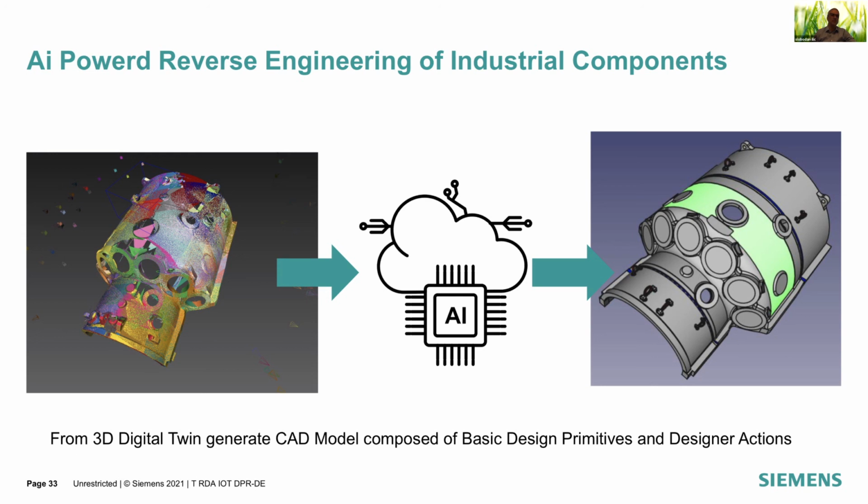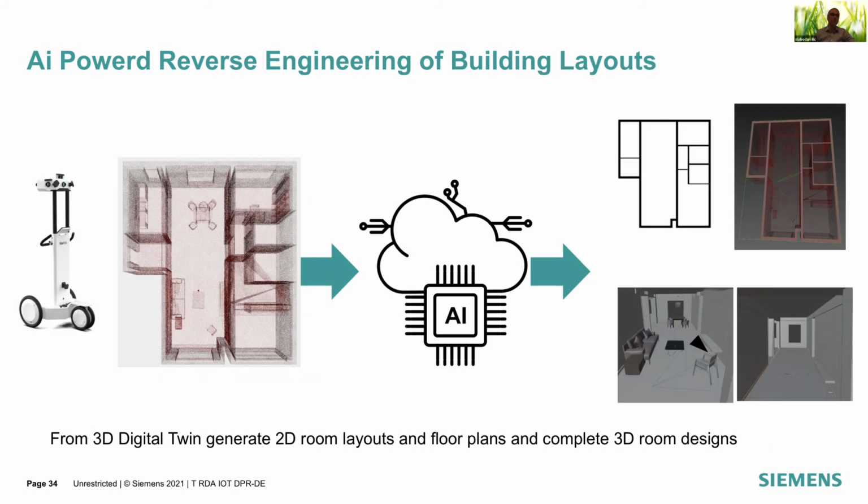Reverse engineering it currently takes days, months, even a year for a design engineer to build the model made of these geometric primitives. So the AI can help us detect these primitives and also output the steps of the design and how these geometric primitives are put together in order to build this kind of model. The same goes for buildings, where we have the reconstructions of the interiors.